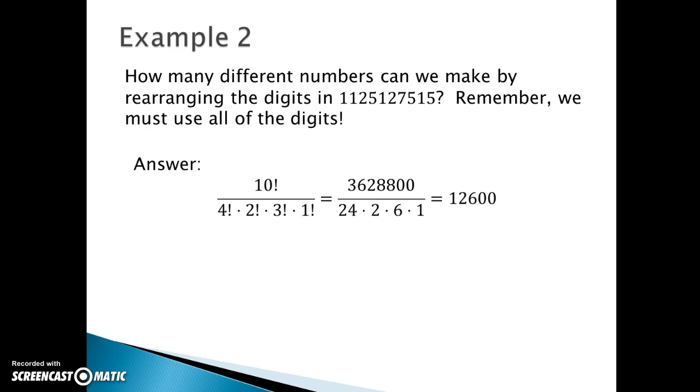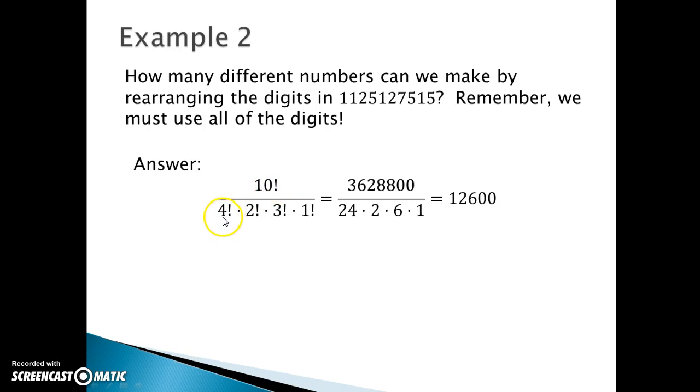The answer to this problem would be 10 factorial divided by 4 factorial times 2 factorial times 3 factorial times 1 factorial. Remember, 10 factorial is the total number of items that we have. In this case, we have 10 digits in this string of digits.